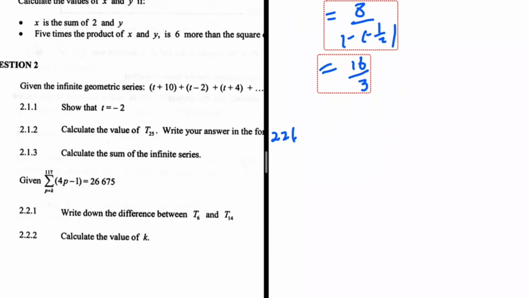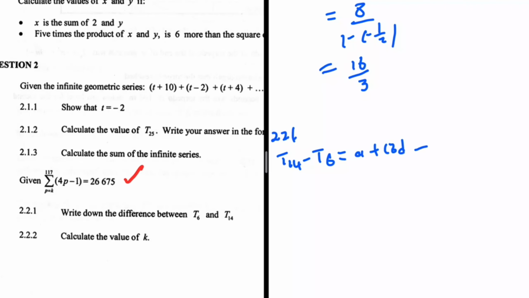So obviously I said, okay, the difference between T6 and T14. Okay, T14 minus T6. When I look at this, I can tell that it is arithmetic, right? So I have A plus 13D minus A plus 5D. Sticking to the basics.